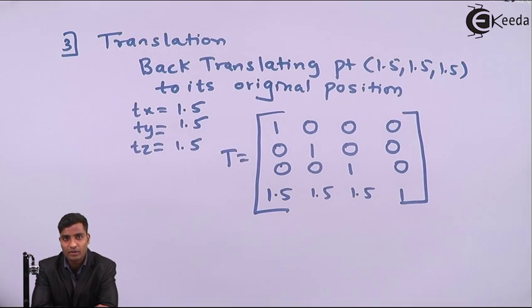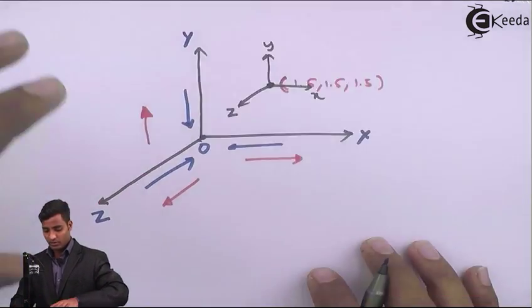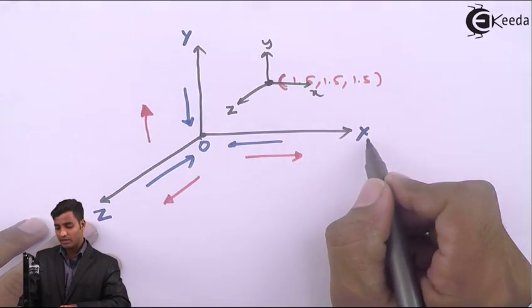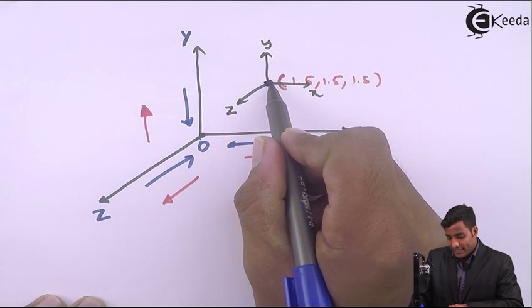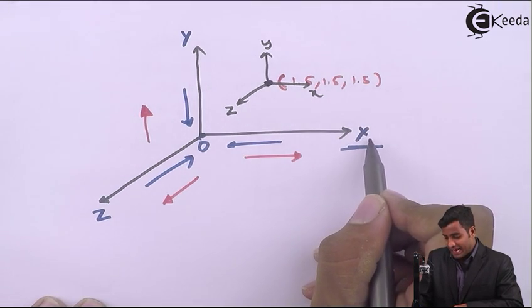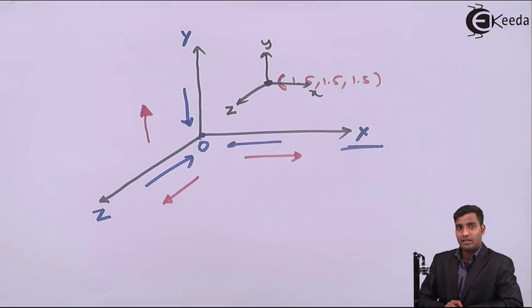So we successfully rotated this point about this x-axis. While performing this rotation we have done a series of transformations.